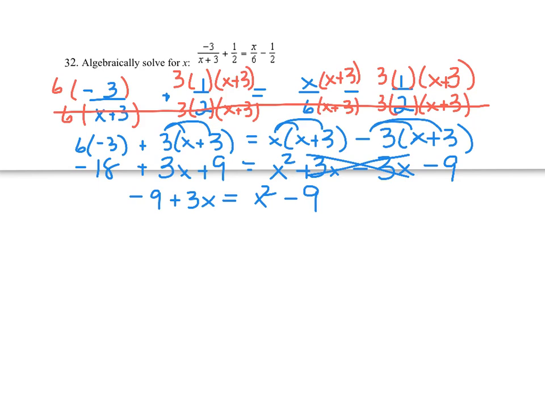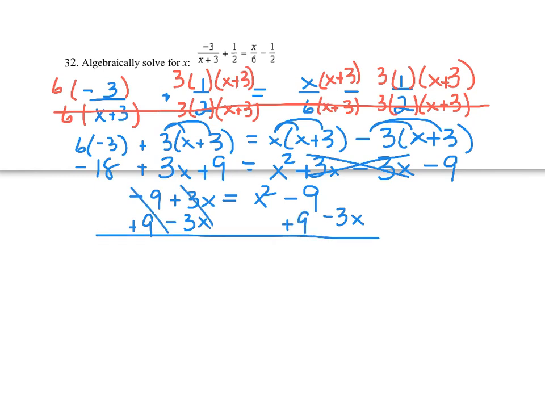So remember, what we try to do then is get everything to the side where the x squared is by adding like terms and changing signs and whatnot, and let's set it equal to 0. And then we'll just go from there. So I'm going to bring over this 3x by subtracting it, and I don't have a like term on the right side, so I'm just going to throw it out there. And then I have a negative 9, so I'm going to make that plus 9 and plus 9 here.